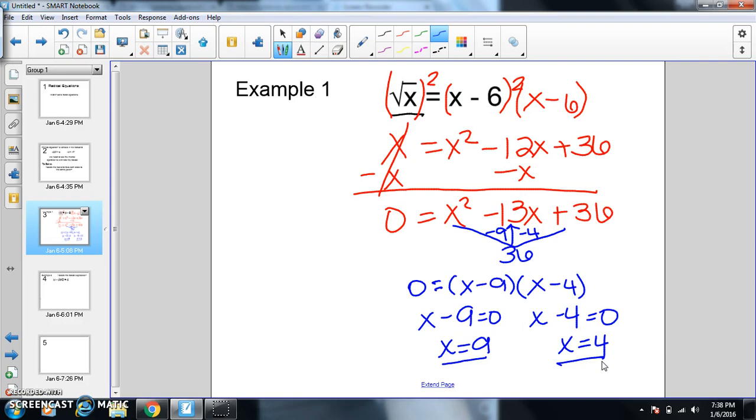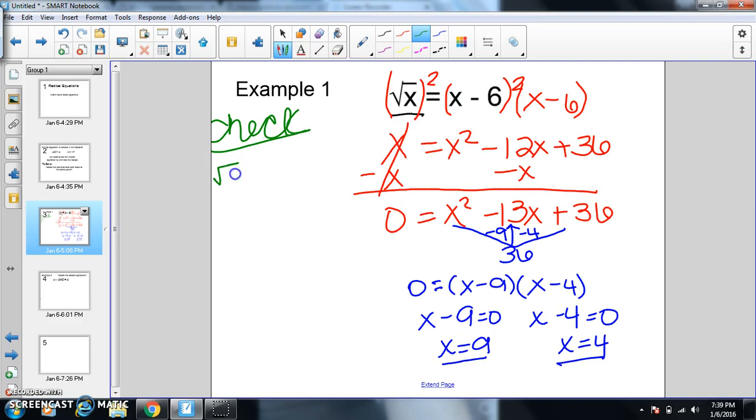What we do need to do is double check our solutions. So we have to plug it back in. I know this is your favorite thing to do, but we have to make sure neither of these solutions are extraneous. So I'm going to go with green for my check. So I'm plugging it into my original equation.